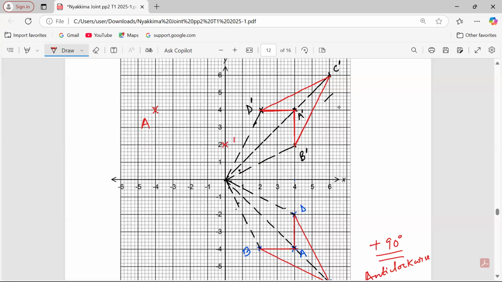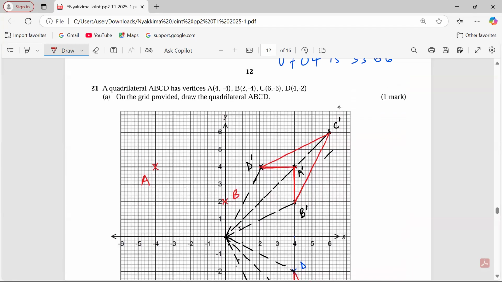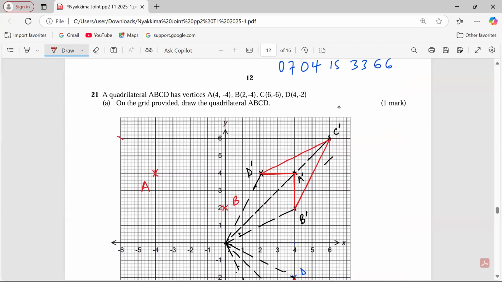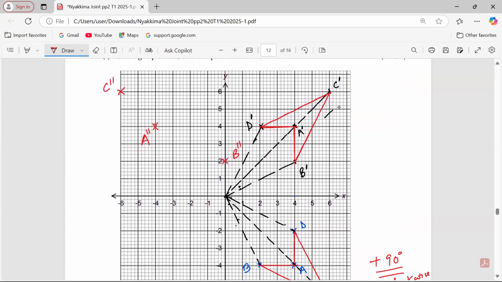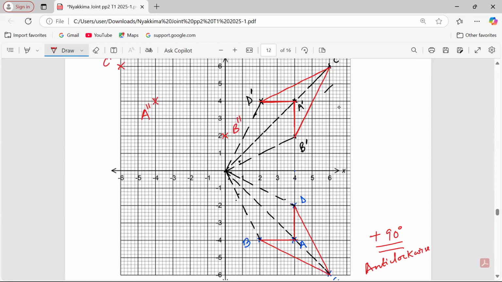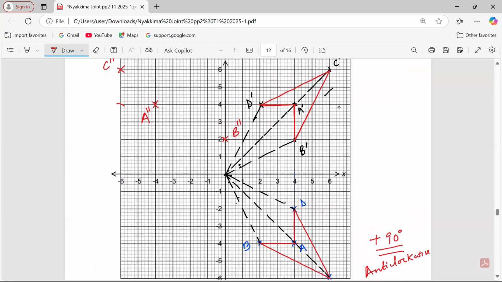This is where B is going to be. Then C is supposed to be negative 6, 6, supposed to be here. Remember, it's double image. Then finally, D is supposed to be negative 6, 4. So negative 6, 4 is at this point.